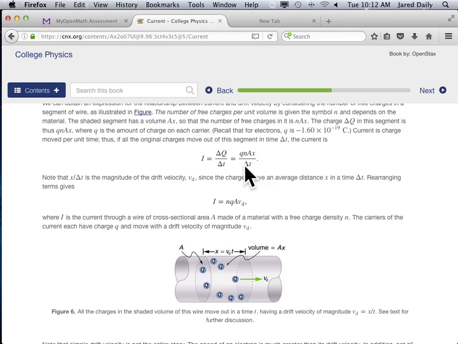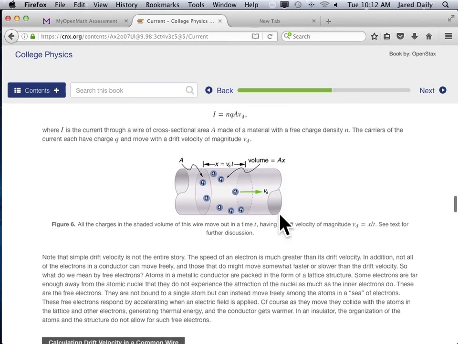But notice in all of this we have an x divided by delta t, a change in distance over a change in time, which is the drift velocity. That's what we wanted to get at: the current can be defined as the number of charges times the value of each charge times the cross-sectional area times the drift velocity.